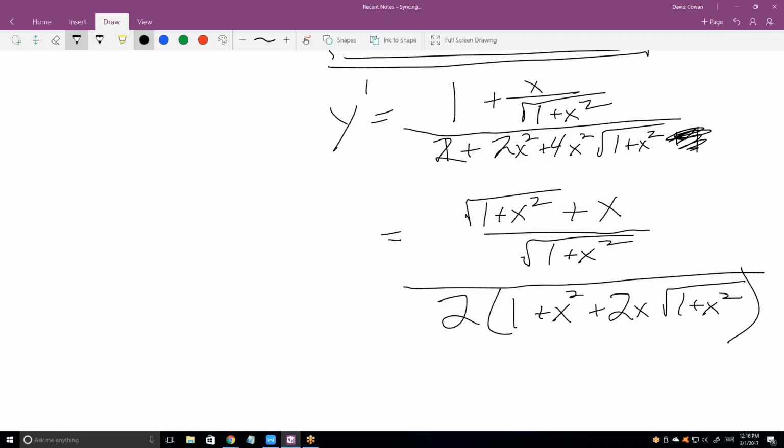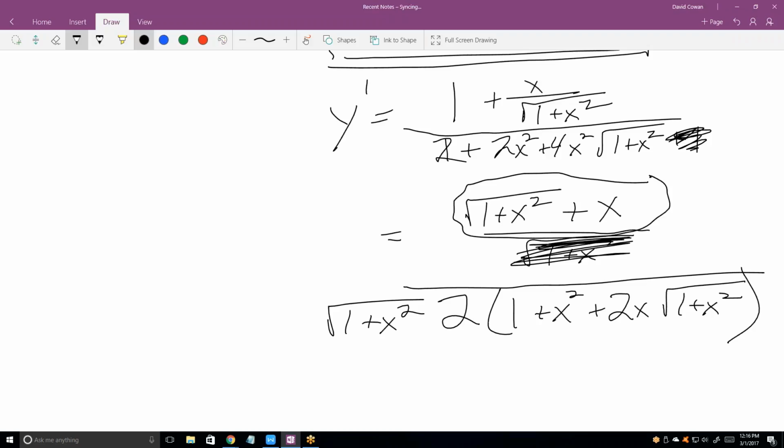Now, I can put this denominator as a multiplier in my real denominator. So I can change this. In other words, this is the same as flip and multiply. So now I got this over this.